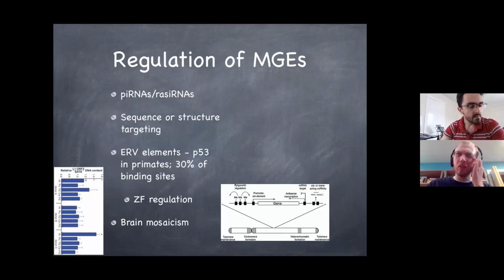How are they regulated? Well, as I mentioned, they're not random, okay? And there seems to be a lot of control at the cellular level. So there are special kinds of interfering RNAs. They're called Piwi-interacting RNAs. They're found really in the mammalian testes, but seem to be active in other places too.